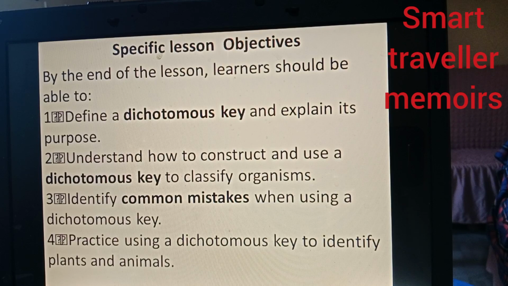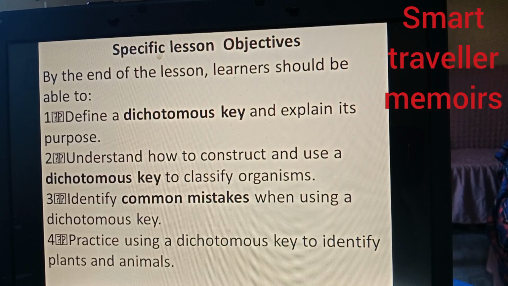Specific lesson objectives. By the end of the lesson, learners should be able to: 1. Define dichotomous key and explain its purpose. 2.